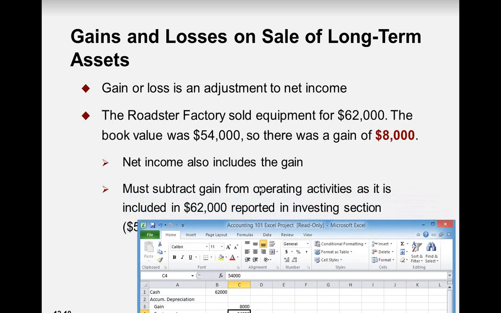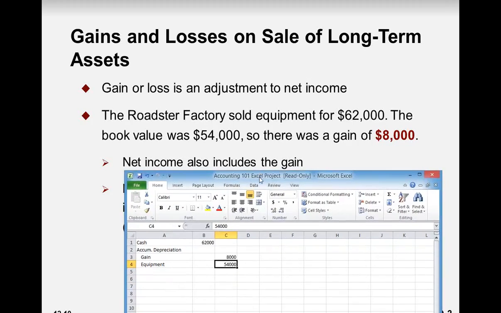Okay. So this gain was not cash. It's the difference between whatever our book value was here. A gain is a non-cash transaction. It just is. A gain just is.